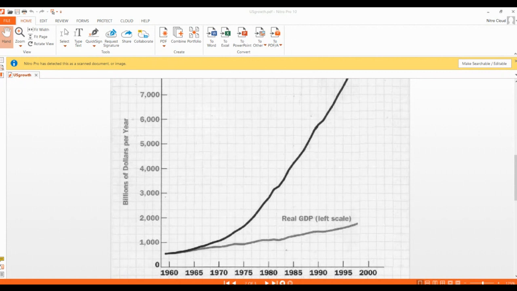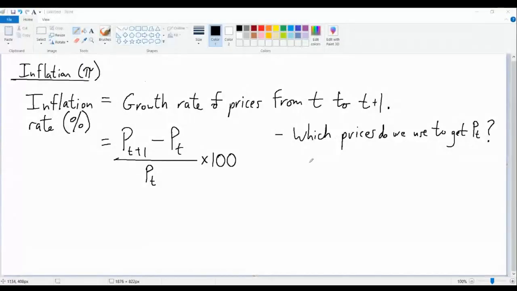And which prices would it be reflecting? Well, the prices of the things that go into GDP, the prices of final goods and services. So, one possibility is that we use the prices of final goods and services.